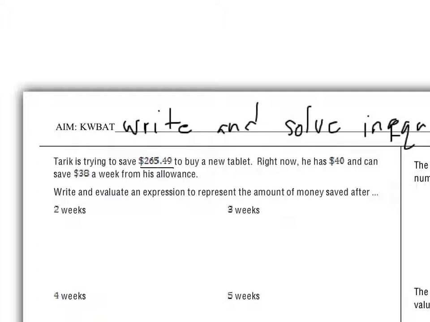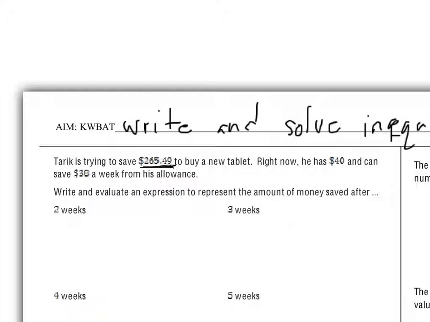Or could he have more than that? So we're looking for a time when he's going to have at least $265.49, some amount of time when he has greater than or equal to $265.49.